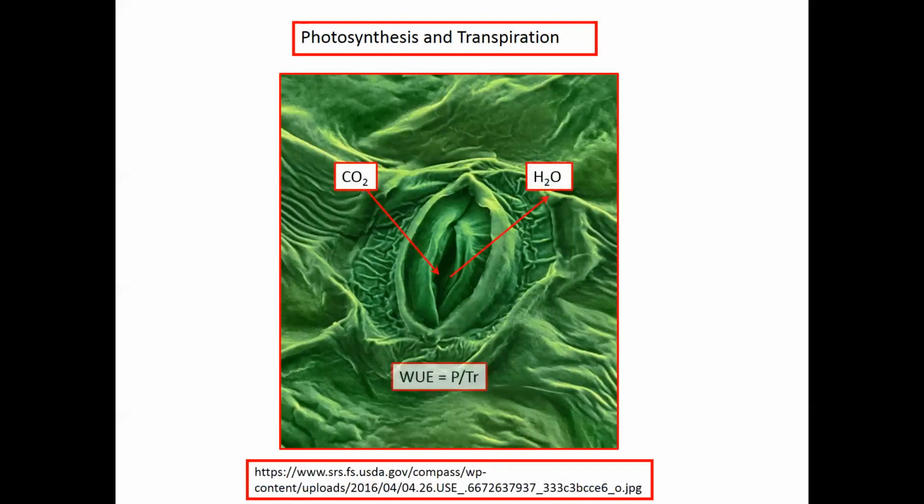We can express water use efficiency as just the ratio of photosynthesis and transpiration. And on a longer term basis, we can think about water use efficiency as the accumulation of biomass and the loss of water during the period when biomass was accumulated. So generally, that's what we want to think about with regards to water use efficiency.